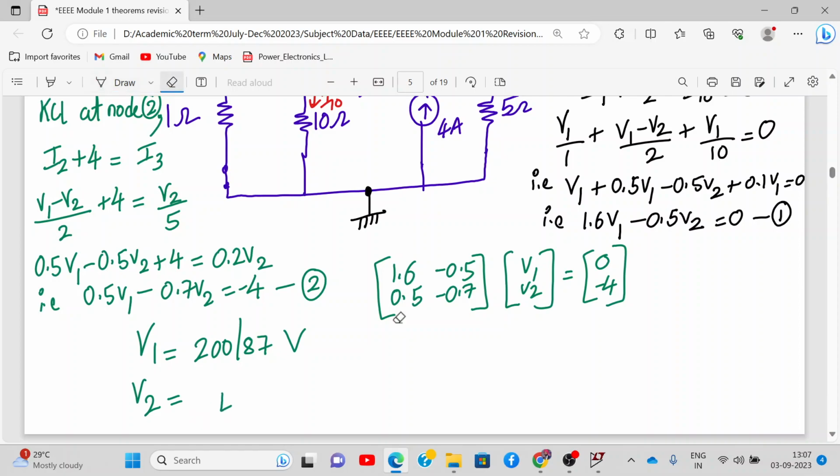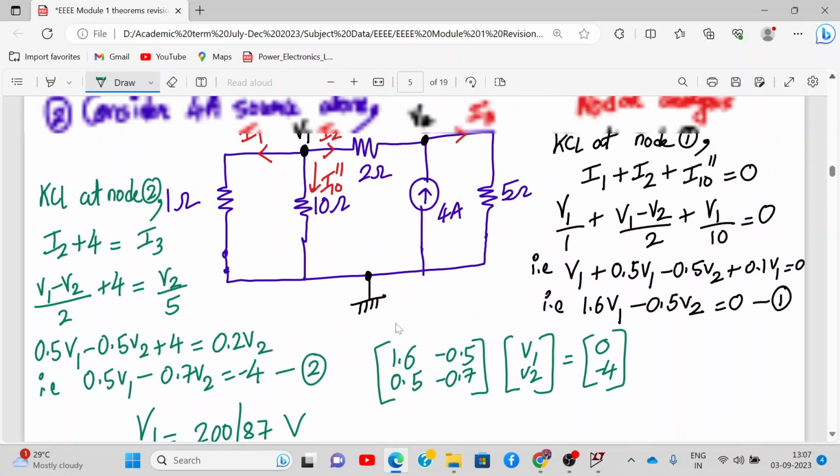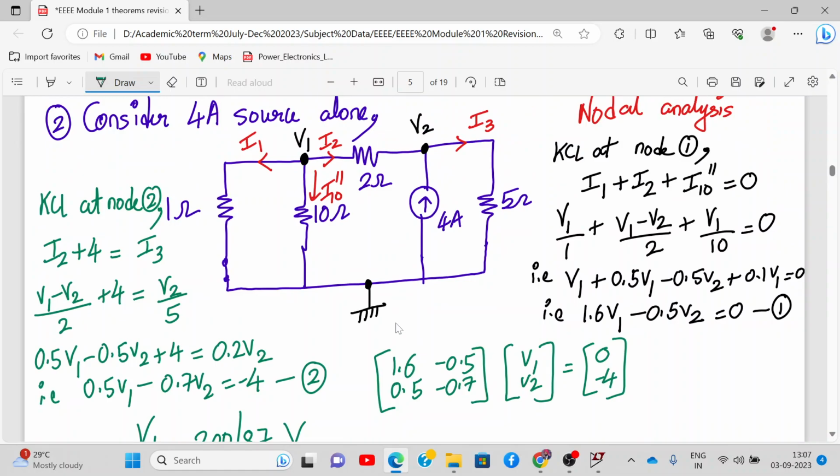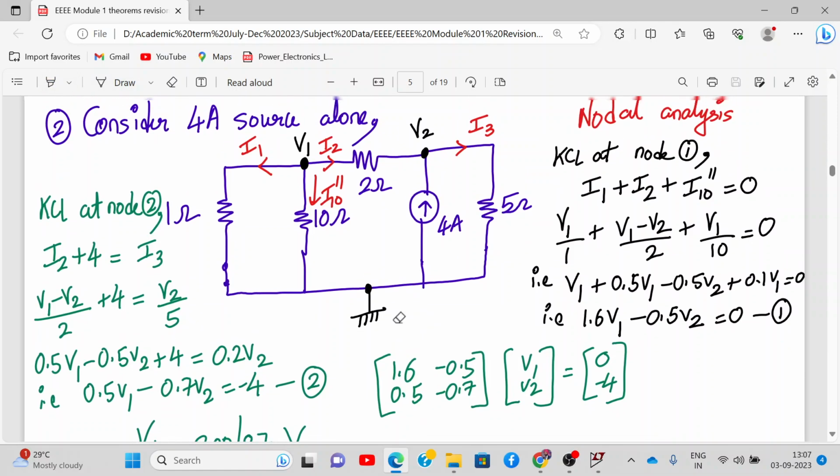Okay, so we got V1 and V2. What is I10 double dash? Anyone knows?